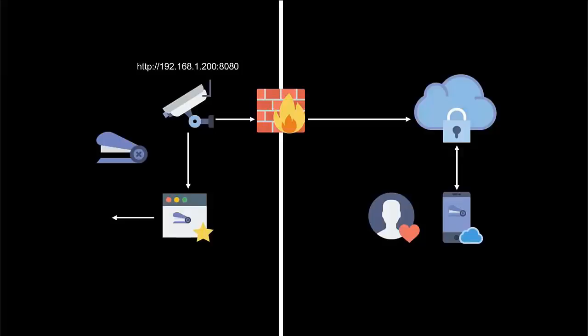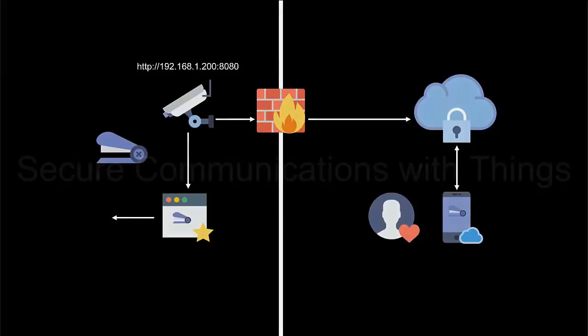And you'll notice that the connectivity from the device to the control plane is unidirectional. So the device communicates with the control plane to get its instructions. There is no need to directly expose the device endpoint with a publicly routable address and make that vulnerable to any kind of attack. This is a model that is used quite extensively in building secure communications with things.